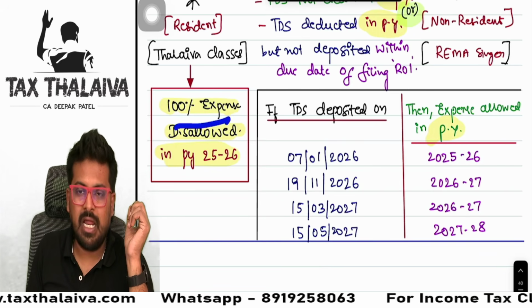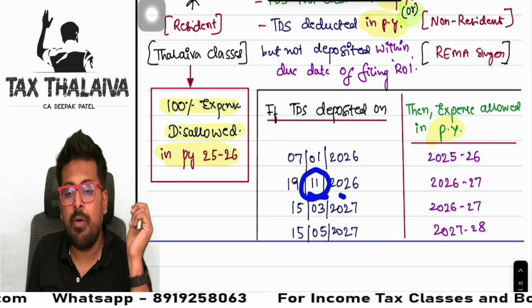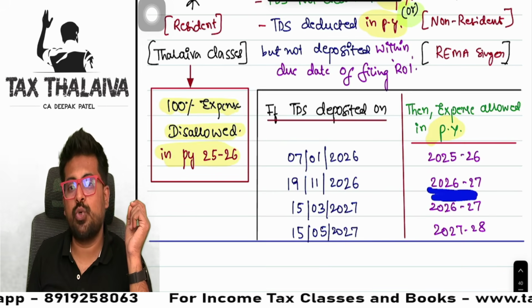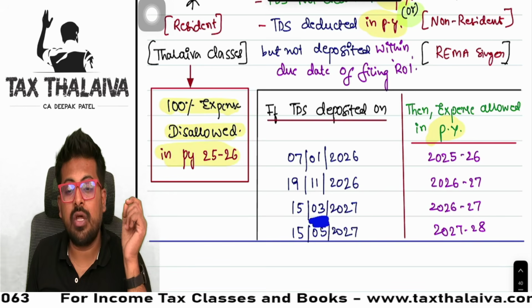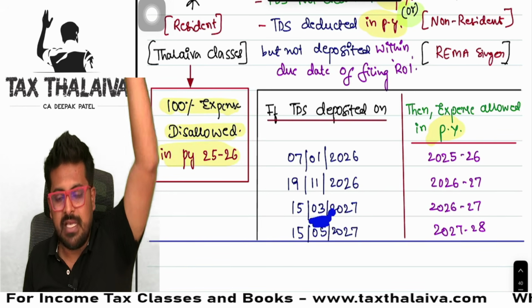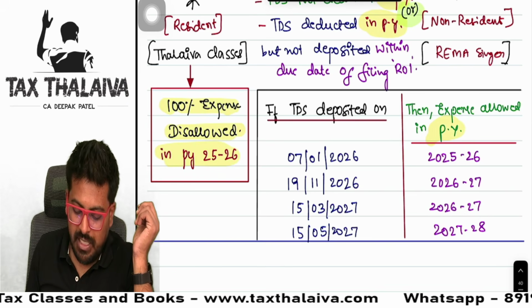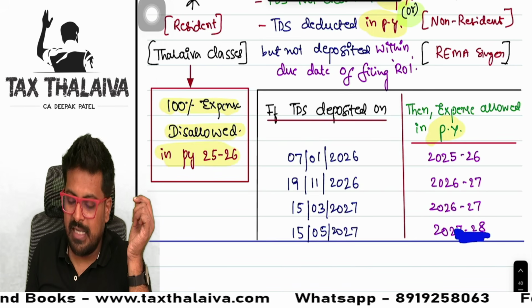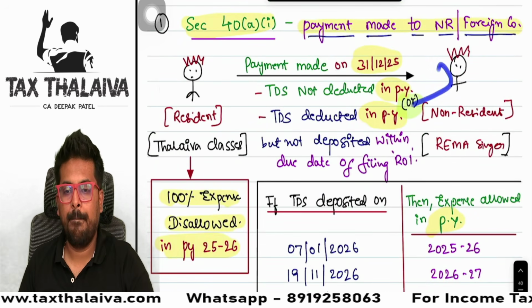If I deposited the TDS on 19 November 2026, then I can claim in previous year 26-27. If I deposited on 15th of March 2027, I will claim the expenditure in 26-27. But if I deposit on 15th of May 2027, I will claim it as deduction in 27-28, the payment which I made to Rema.